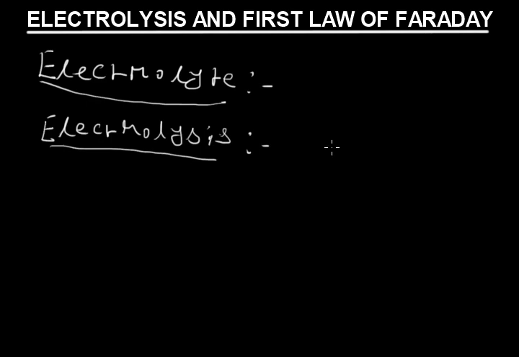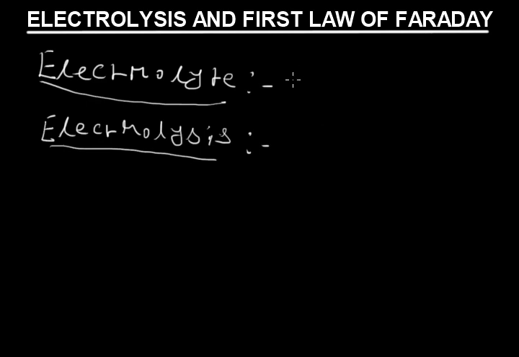That means the breaking of substances with the help of electricity is called electrolysis. When electrolytes are in fused or molten state and current is passed through the electrolyte, then at the electrodes new substances are formed, and this phenomenon is known as electrolysis.